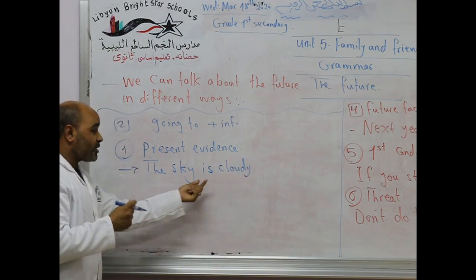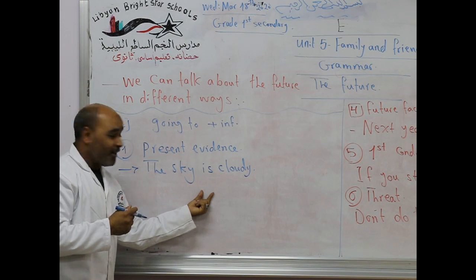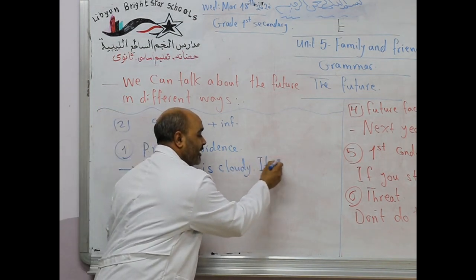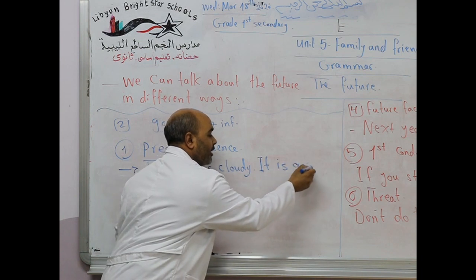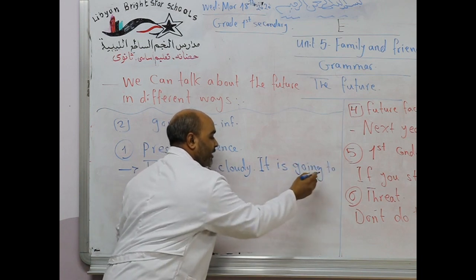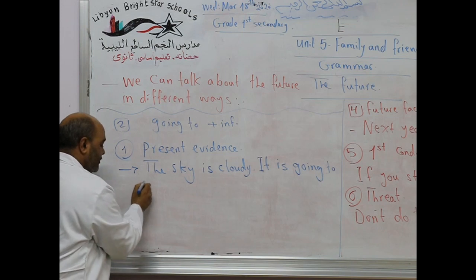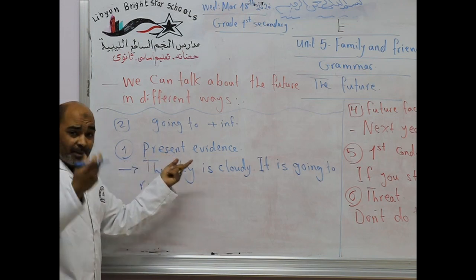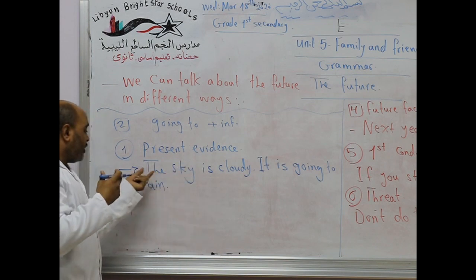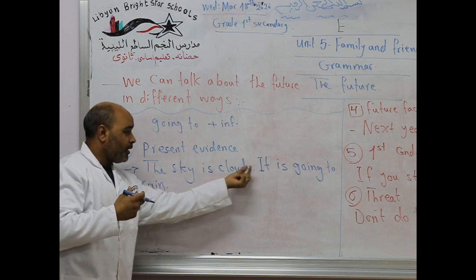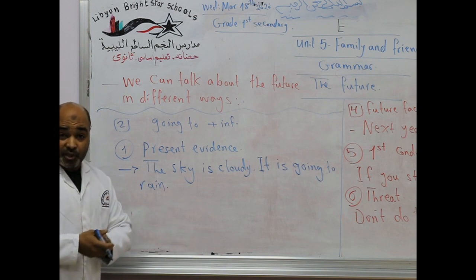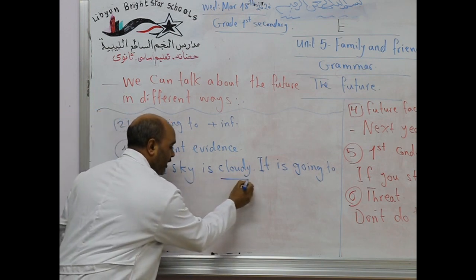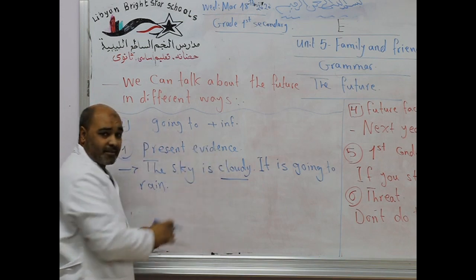You can see the clouds? Yes. So, the sky is cloudy. It is going to rain. The first one, again, present evidence, something I can see. The sky is cloudy. It's going to rain. I cannot say it will rain because cloudy here is an evidence.